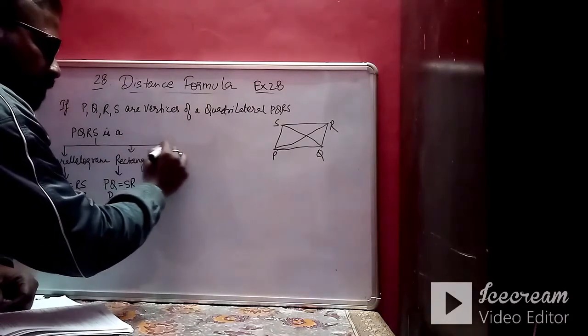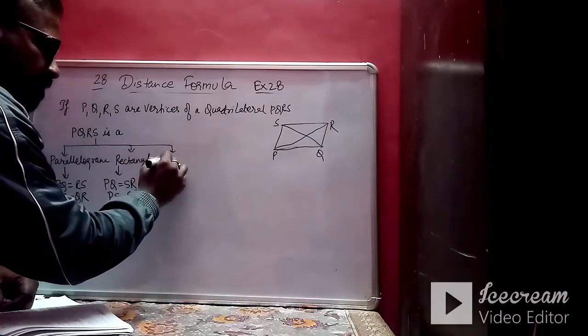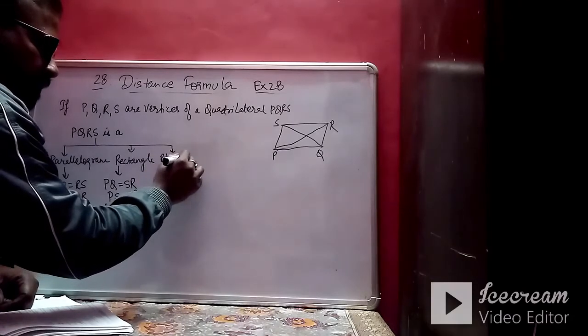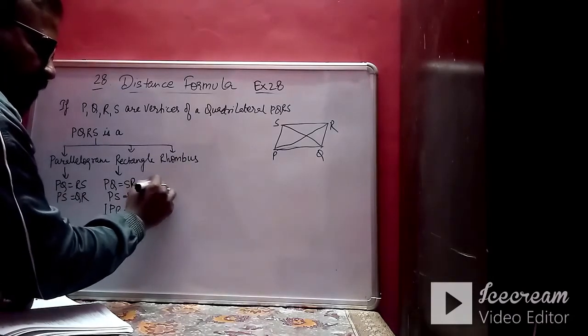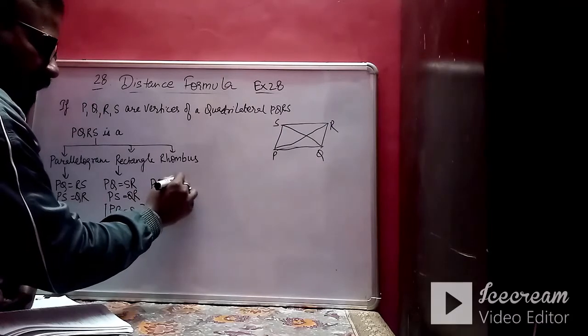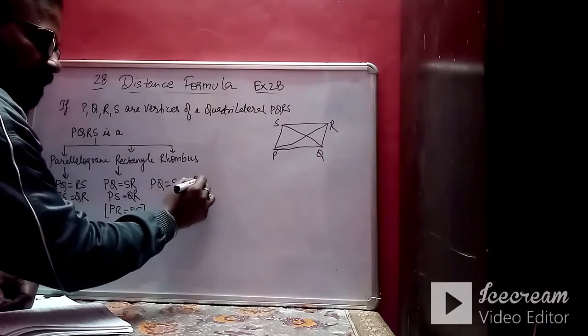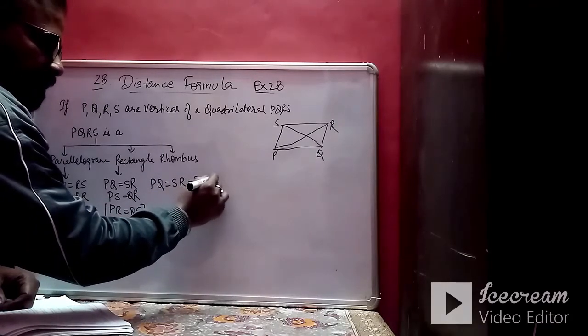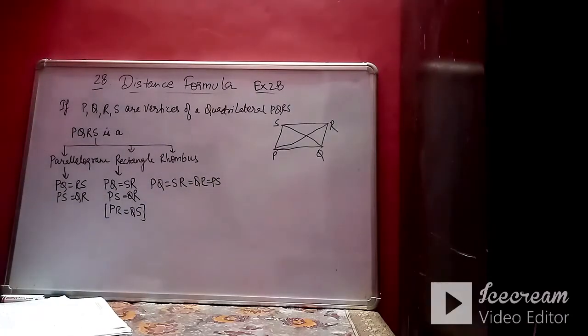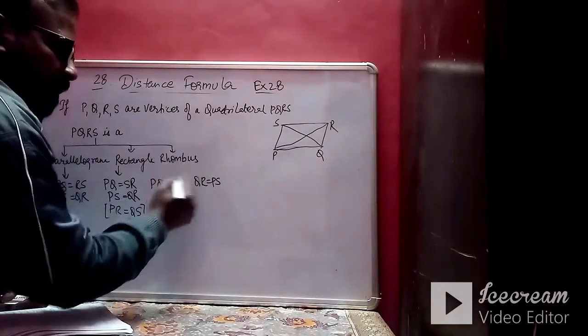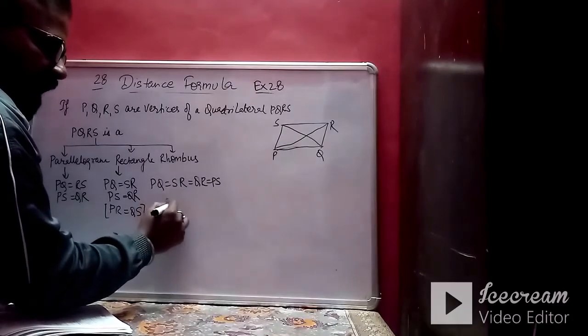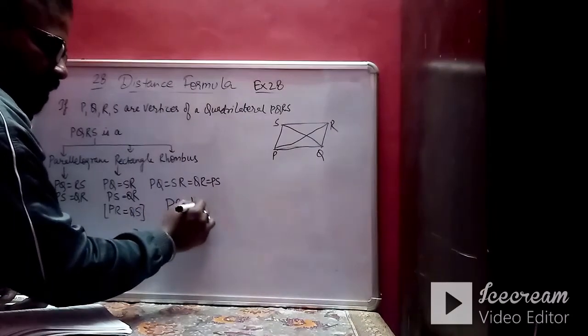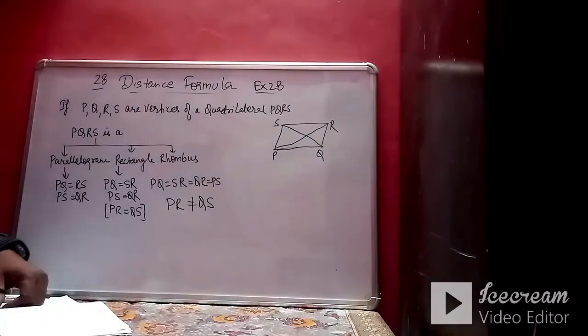Suppose if we want to prove that it is a rhombus, so in order to prove rhombus, we have to prove all sides as equal to each other. If you prove all the sides are equal to each other, then it becomes a rhombus. But in that case, diagonals are not equal to each other.